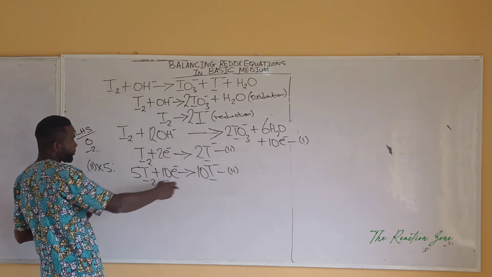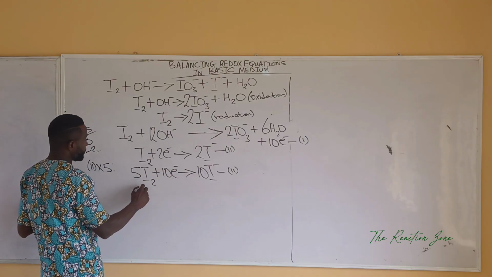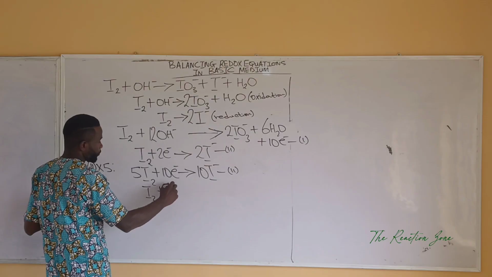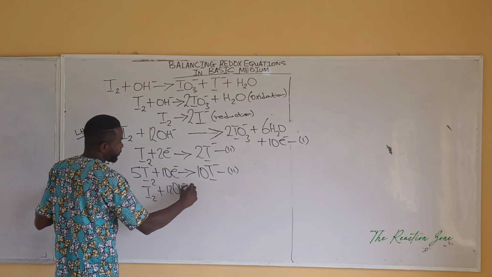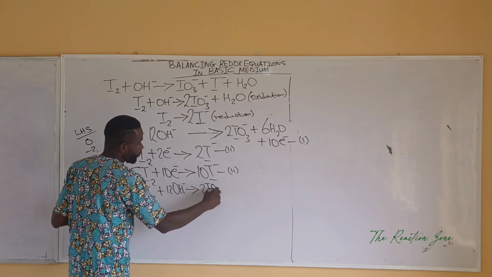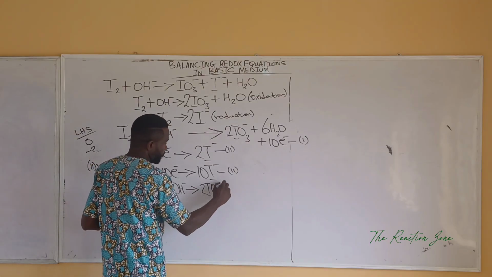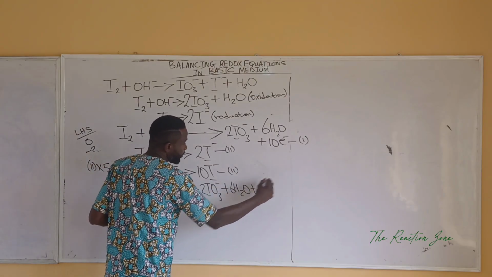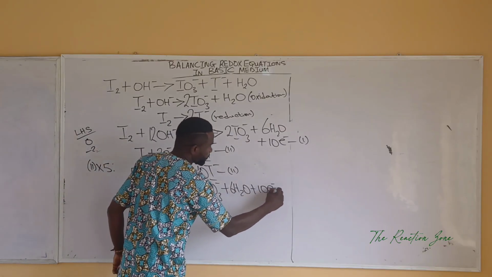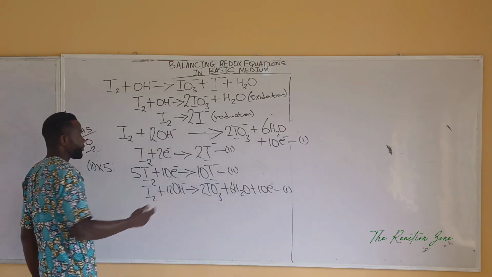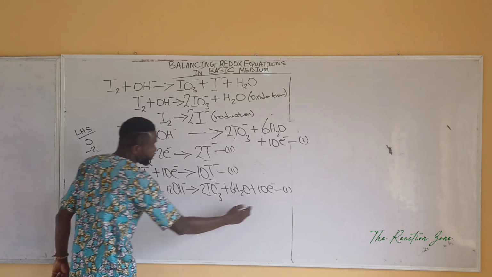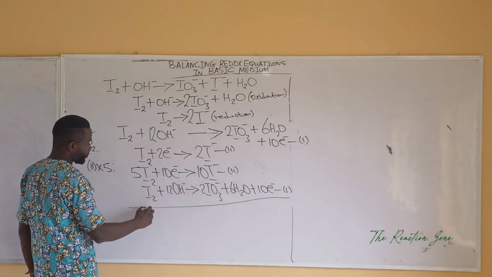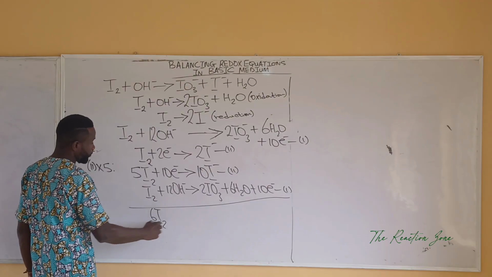So I can write my equation 1, which is I2 plus 12OH minus, it will give me 2IO3 minus plus 6H2O plus 10e minus. And this is my equation 1. So what I have to do at this point is to add both equations together to get my final answer. 5I2 plus 1I2 will give me 6I2.